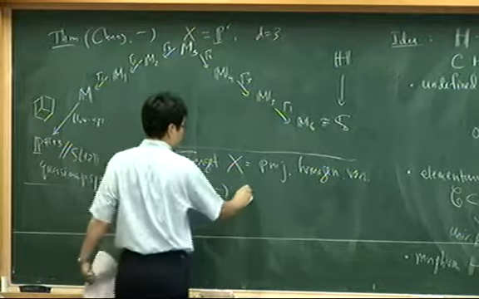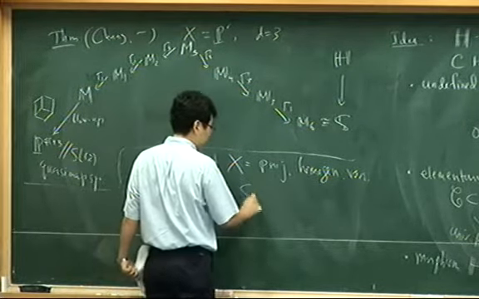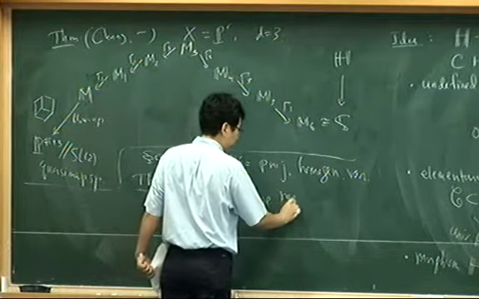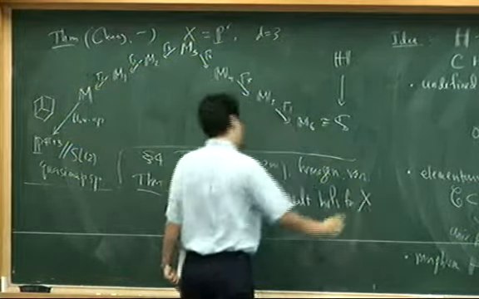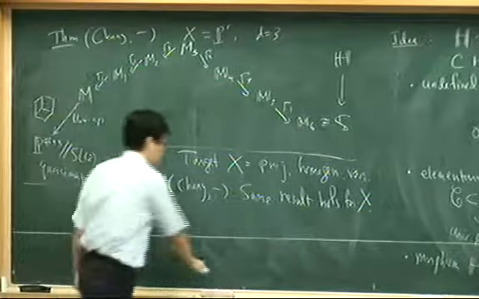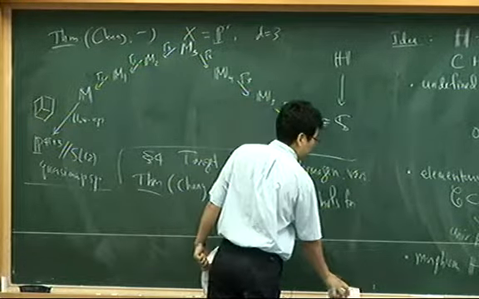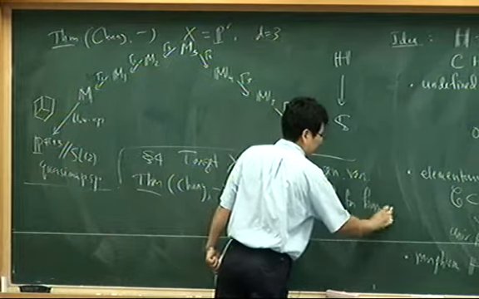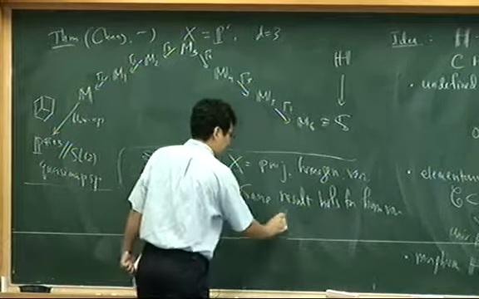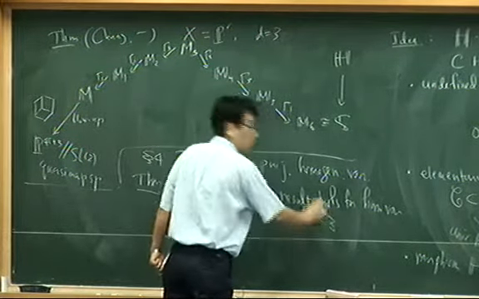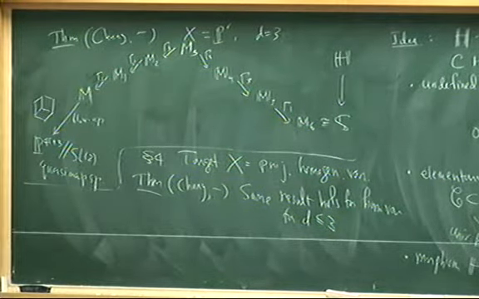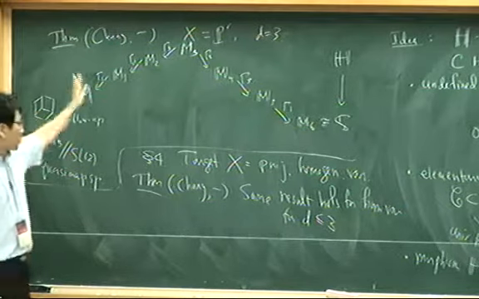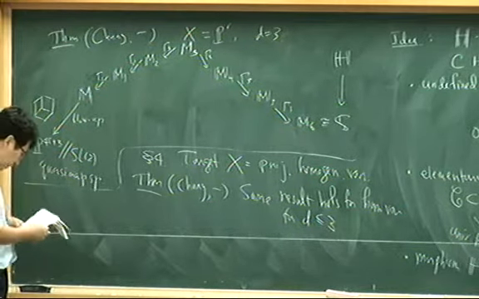Exactly the same result holds for projective homogeneous varieties. Oh, sorry, for degree less than or equal to 3. Degree 2 or 3. Exactly the same sequence of blow-ups, sequence of blow-downs. And the picture is exactly the same.